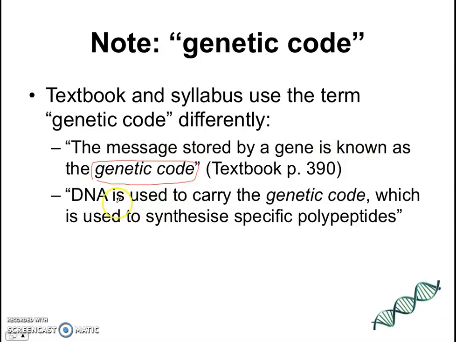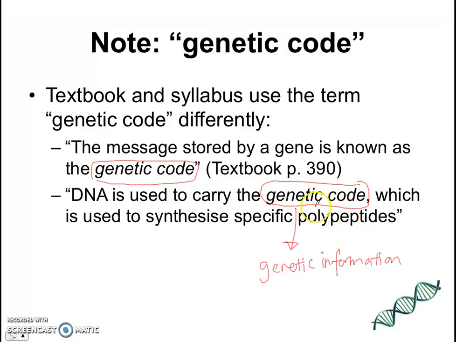And your syllabus states that DNA is used to carry the genetic code, which is used to synthesize specific polypeptides. So to be safe, if you stick to your textbook and syllabus, the phrase genetic code kind of means genetic information, right? So the sentence would be that DNA is used to carry genetic information, which can be used to synthesize the polypeptides, right?